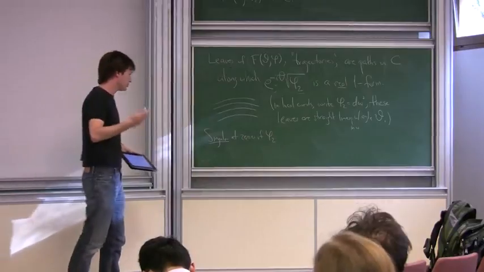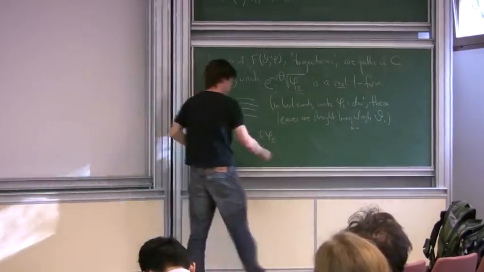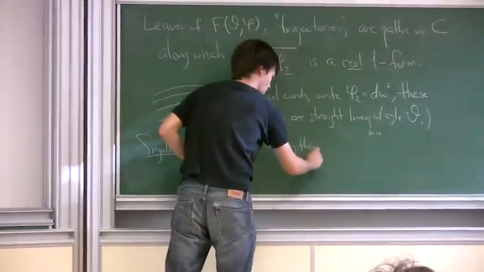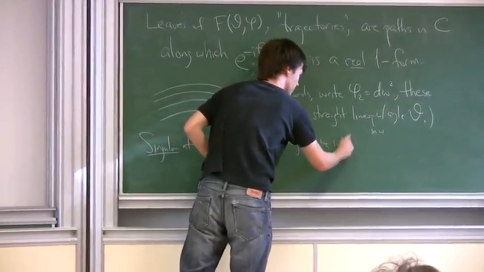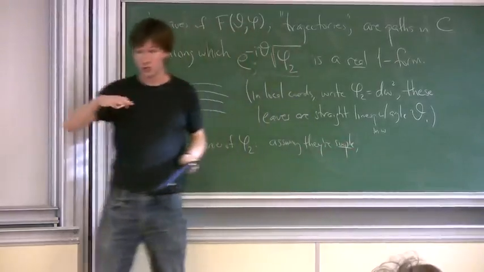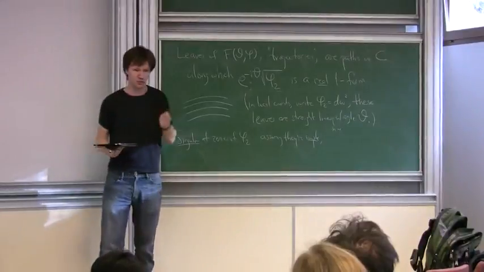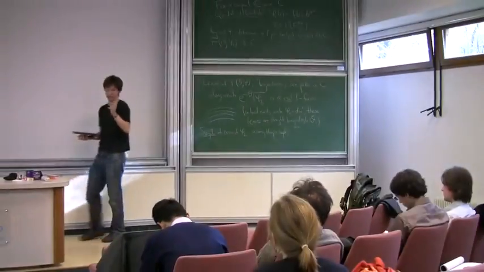And what does the trajectory structure look like around the zeros? Well, assuming they're simple zeros, and from now on I'll usually assume that my quadratic differential only has simple zeros. That means I'm avoiding some complex codimension 1 locus in the space of quadratic differentials.